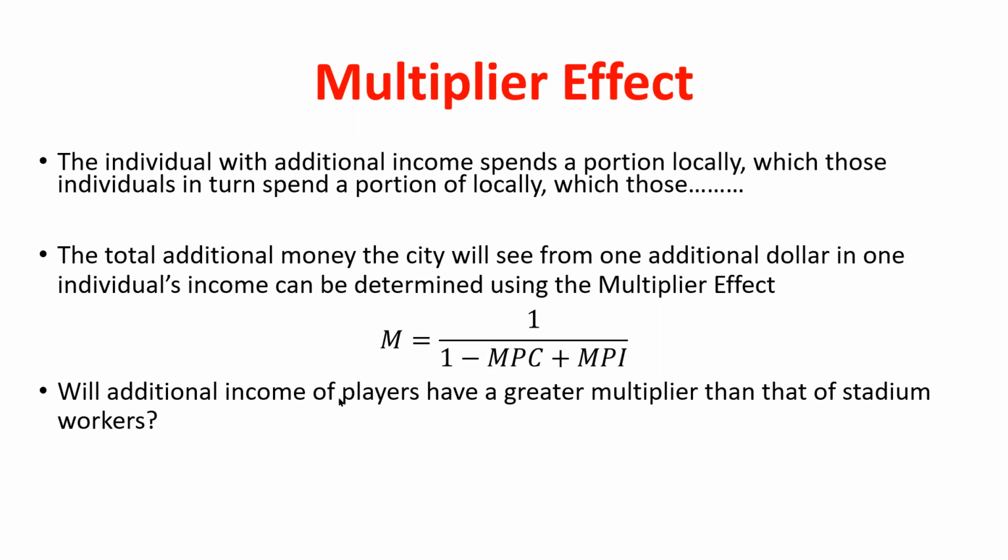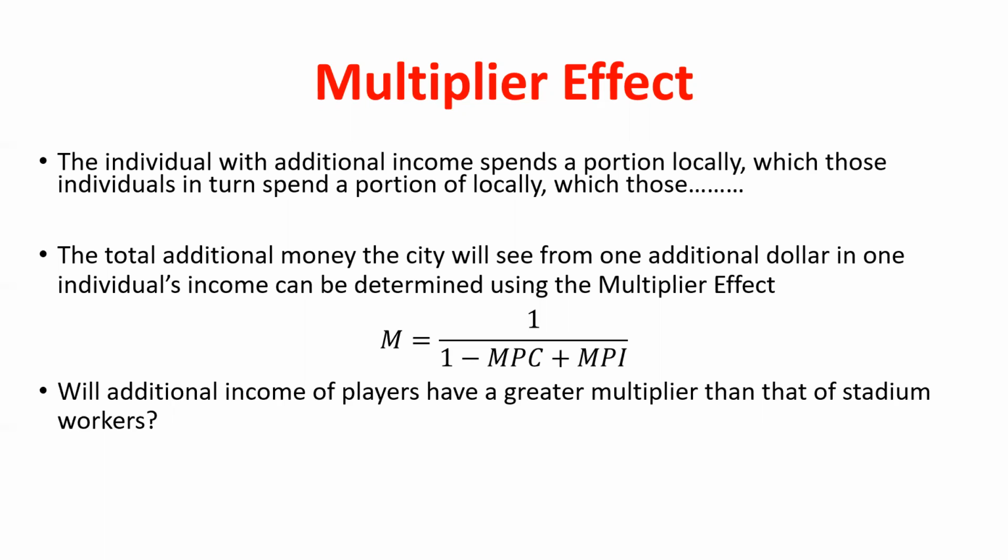And I think I had this other example. This is very extreme. Instead of a high-low salary, you could think about the money spent on players relative to the money spent on stadium workers. I think with lower salary NBA players, you can think they're going to attempt to save more money.